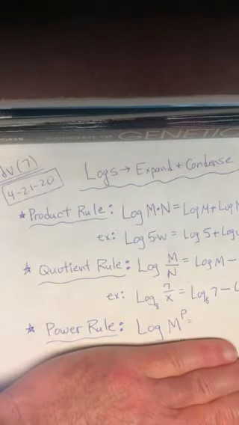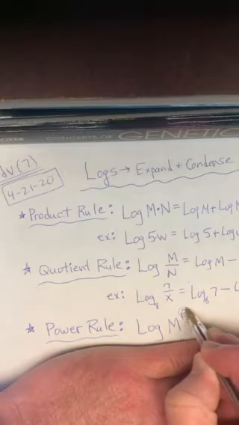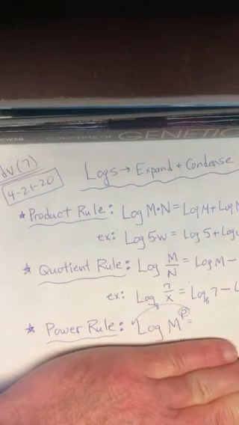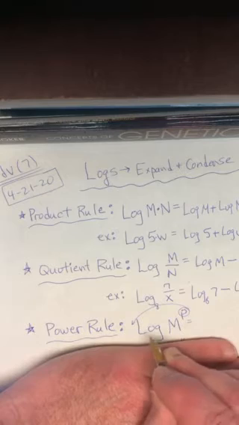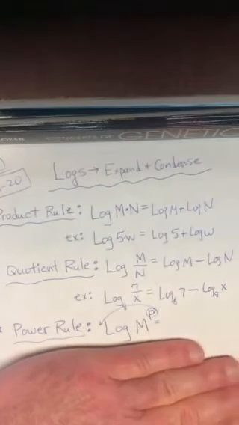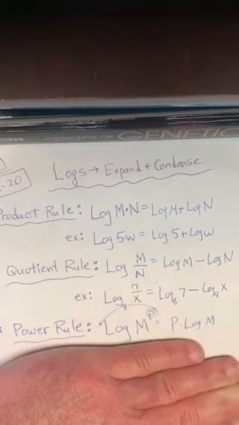Okay, if I see that, guess what? You're allowed to take that power every time. Take the power and move it to the front of the word log. Okay, so the log of m raised to the p power, if I move that power to the front, would be p times the log of m. And that's our power rule.